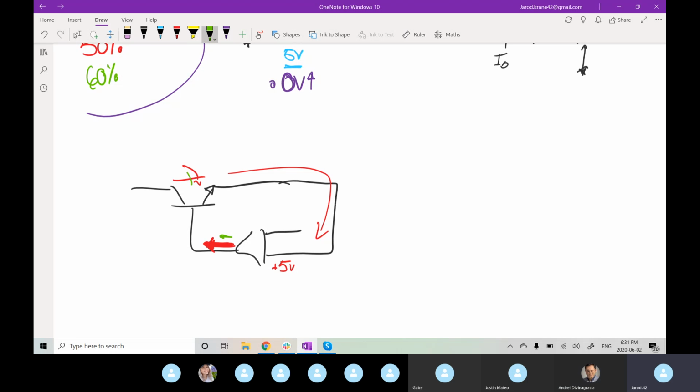So it'll decrease the current flowing through the transistor. So this will come down a little bit, and your actual output voltage can be something like that if that's our desired 5-volt output.